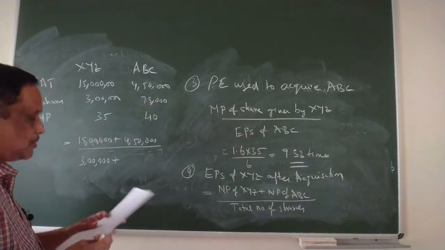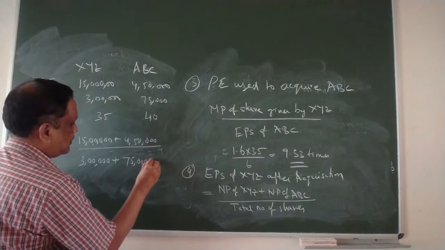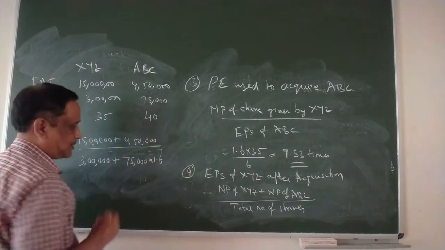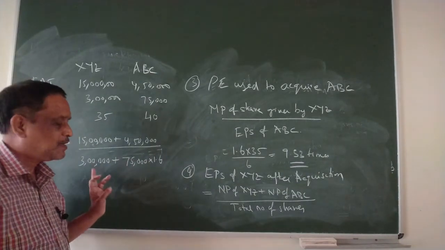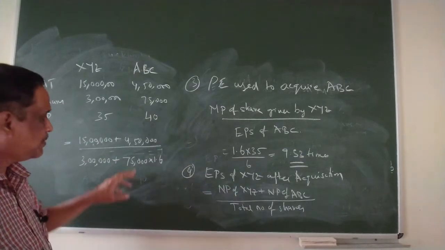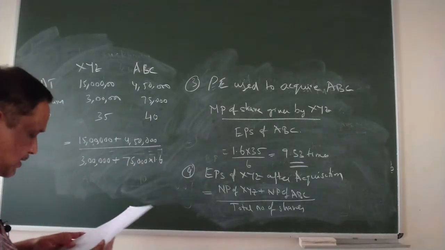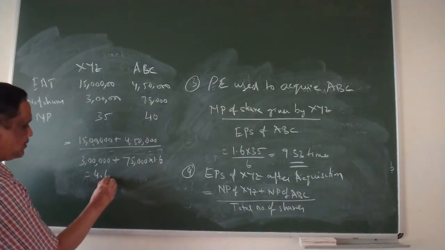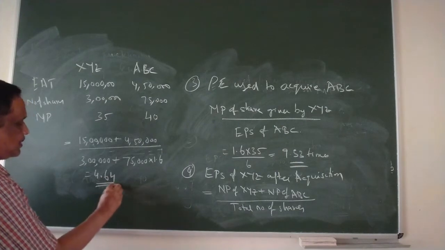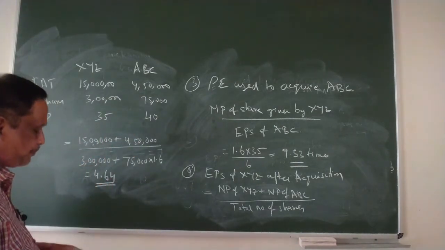So you multiply 75,000 into 1.6, as XYZ is going to give more shares. If you solve this, you will get the answer as 4.64.